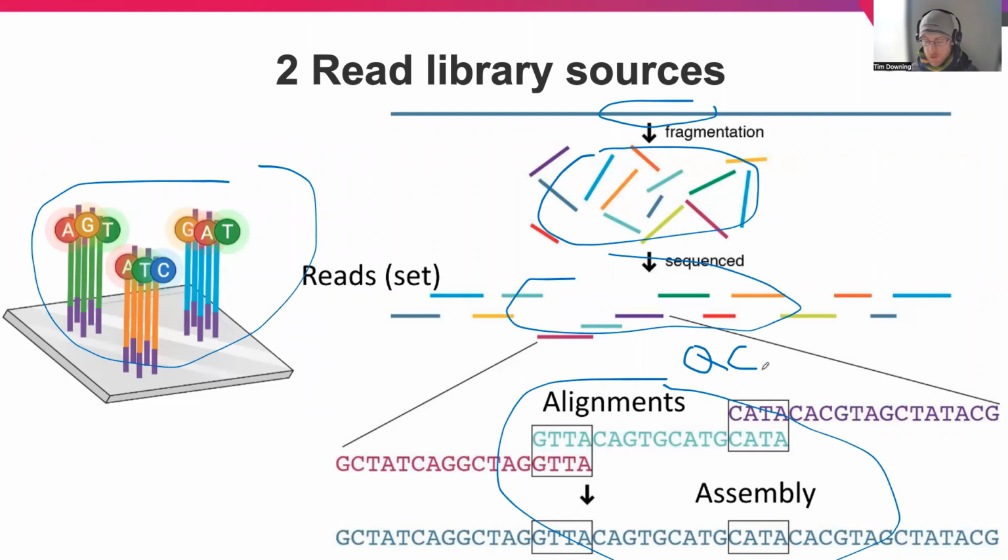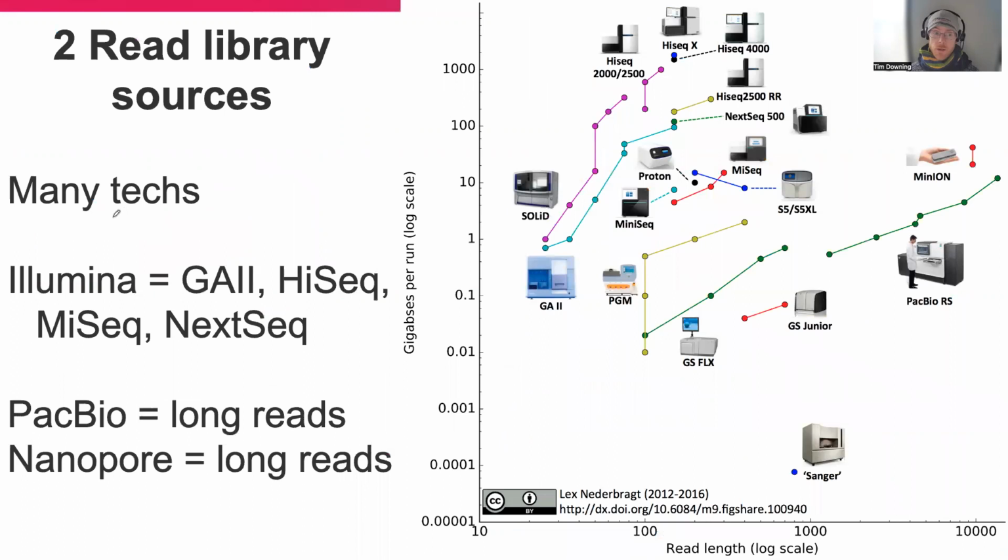The outputs of different technologies vary a lot. There are many technologies. For Illumina, we mainly know them as being associated with GA2, HiSeq, MiSeq, NextSeq, NovaSeq, and so on. And for long reads, we mainly have PacBio and Nanopore. We can see the read lengths on a log scale versus the gigabases per run in a slightly old diagram from 2016.